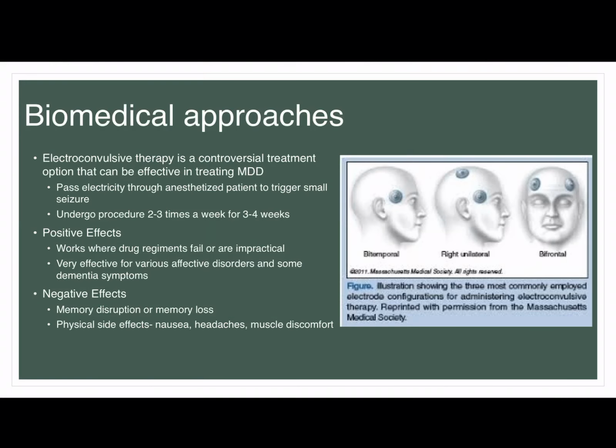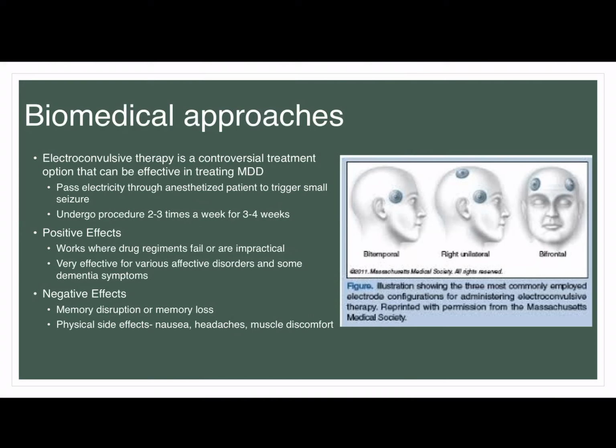Right. What we could also try is electroconvulsive therapy, ECT. This one's a little bit more controversial, and so it's usually used with more extreme forms of depression, like major depressive disorder. How it works is you pass an electrical current through an anesthetized patient to trigger a small seizure within the brain.